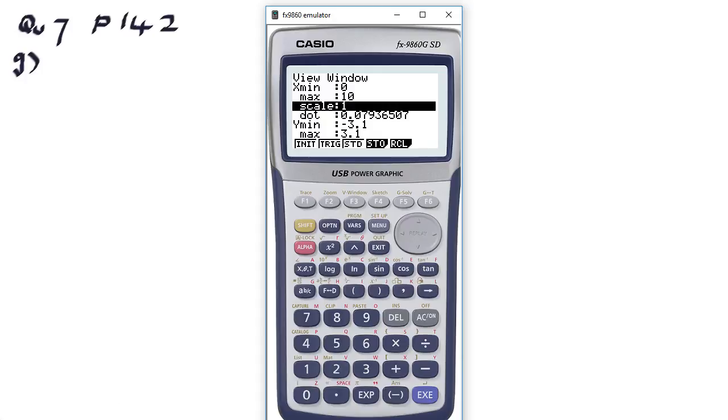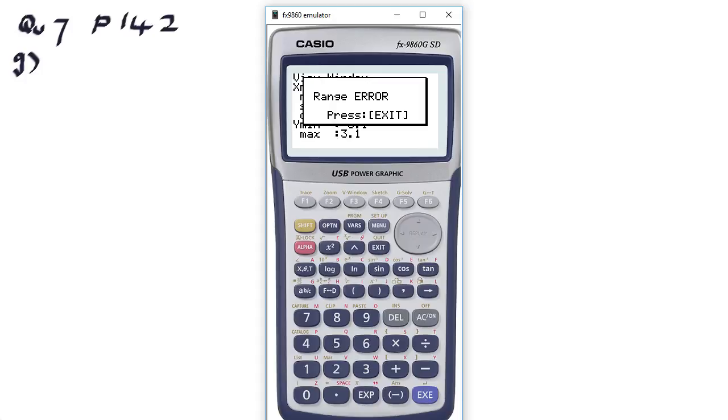So I've got the x value 0 to 10, that will include the intersection point. The y value, I'll start at 0, and we know that the maximum is 20.